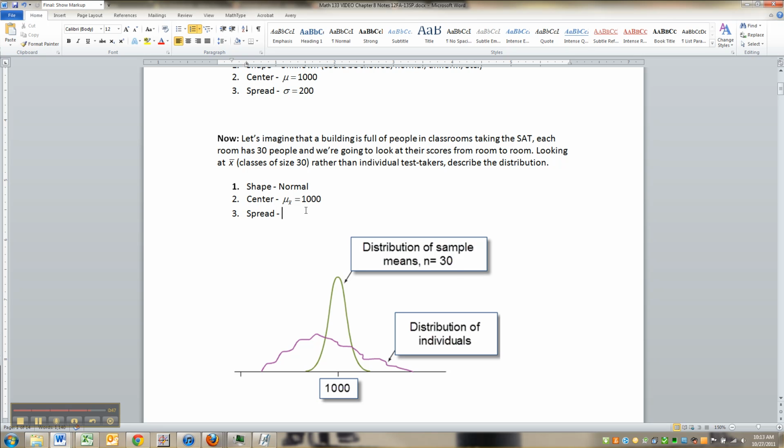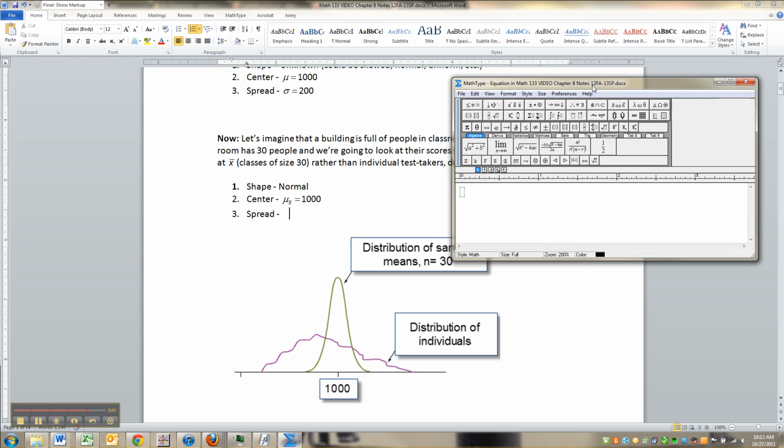But what about the spread? If you didn't notice it, the green curve, the one for sample means, is much tighter packed than the pink curve. That's because it has a different spread. It has sigma of the X bars, right? How much did the average vary from room to room to room? And there's a formula for that.